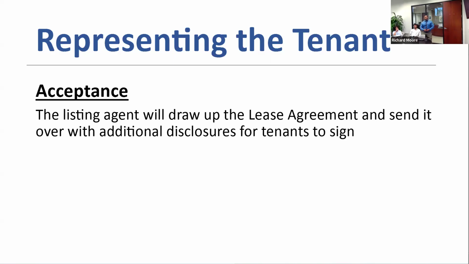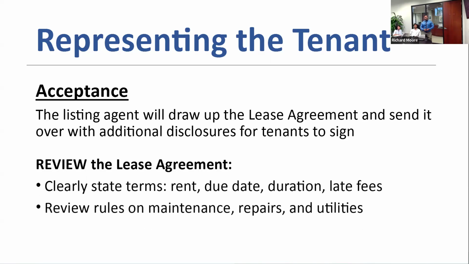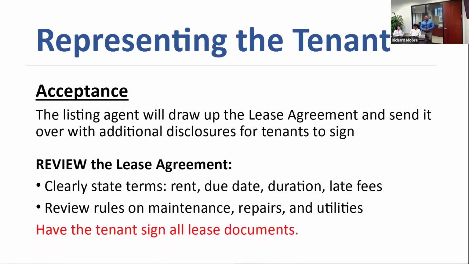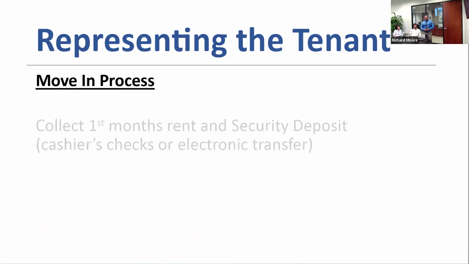Once everything's correct, have your tenant sign it and then send it back. There might be rules and regulations. Have them review that too. So you're gonna sign and send it all back, and then the move-in process.